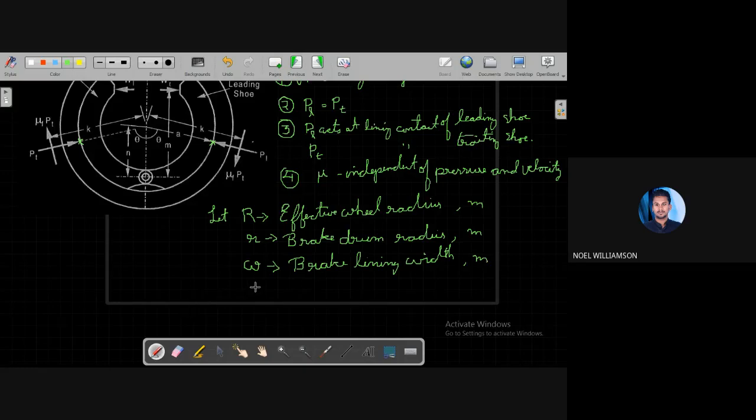Now alpha is the contact angle of each lining, which is denoted in degrees.